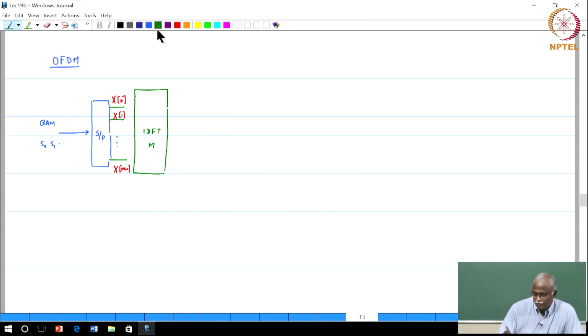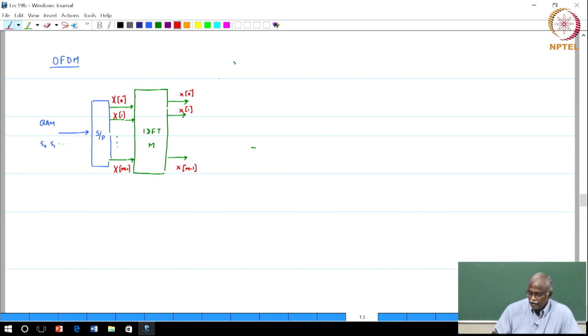Even if you did use something slightly different, we will assume that this is the labeling scheme that you have followed. After doing the IDFT, it will produce for you a set of m samples, typically referred to as lowercase x of 0, x of 1, x of m minus 1.